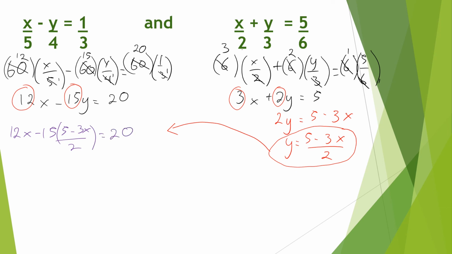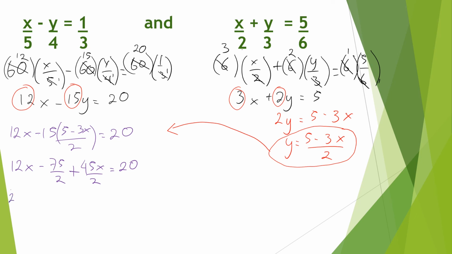Okay, continuing, because we cannot do the cancellations. So just 15 times 5, 75 per 2. 15 times 3, 45x per 2. And don't forget minus, multiplied by minus becomes plus 20. Wow, it's a little bit difficult because of the fraction, the denominator. If you think that's a little bit confusing, just multiply everything by 2.